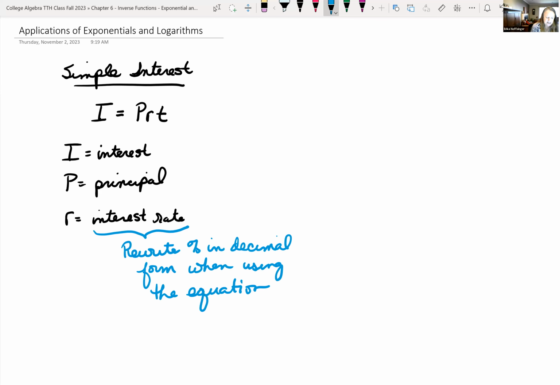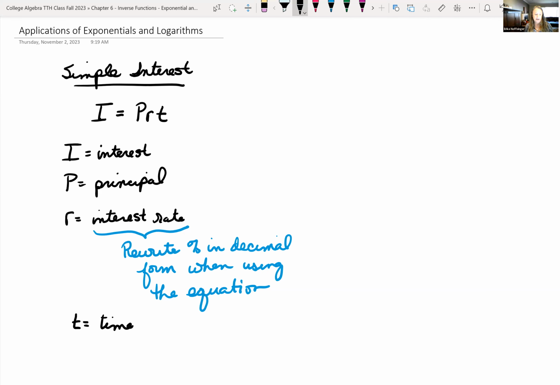And then T is equal to time, usually years. And so let's look at an example with that. But before that example, let's look at one more theorem.